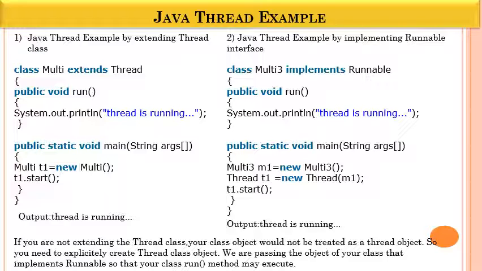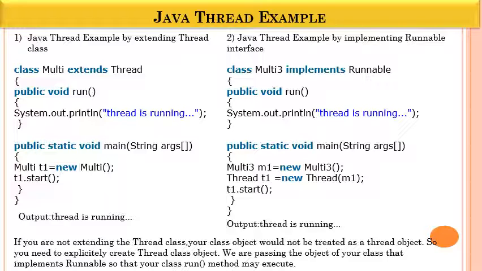In the second example, on the right-hand side, the thread is used by implementing the Runnable interface. Class Multi3 implements Runnable, and again the run method is used, and the output says the thread is running.